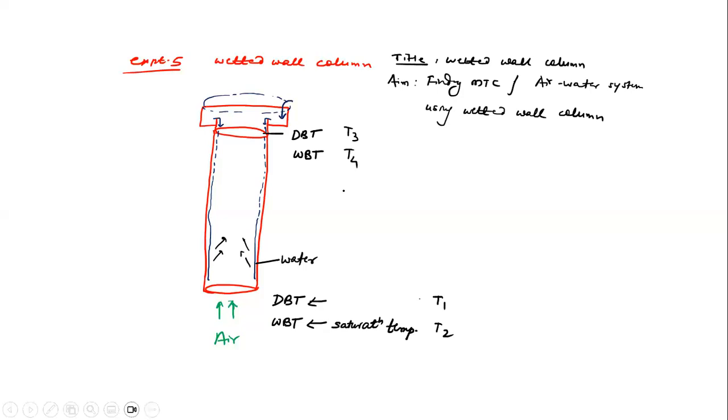Correct? This would be the variation. And based on this, we can find out the amount of water getting evaporated into air.